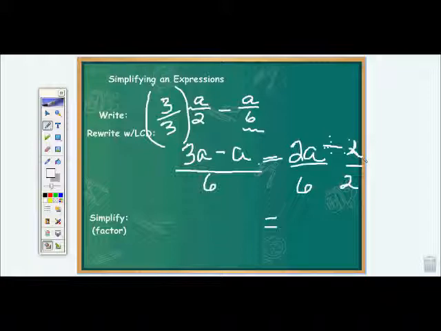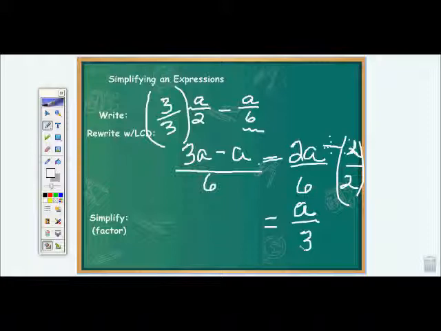I apologize, I'm trying to hurry for you with this one since it had some difficulty and we're just not having some luck here. So divide by 2 over 2, again, that would be dividing by 1. So you can do that. And so 2a divided by 2 is going to be a, and 6 divided by 2 is going to be 3. So your simplified answer would be a over 3.